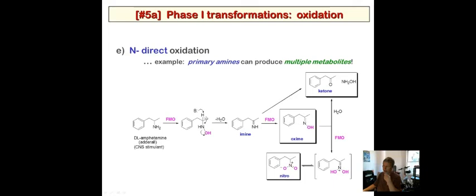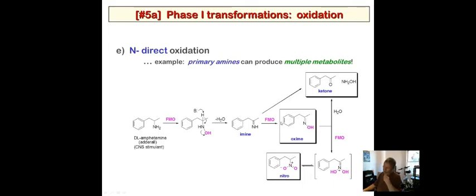And what can happen then is the base will take the proton and eliminate to make an imine. So you get this sort of imine intermediate. One thing that can happen is that it can be directly hydrolyzed to the ketone, phenyl-2-propanone, and hydroxylamine. Actually, in this case it would be ammonia. So if water hydrolyzes this, you get a ketone and you get ammonia out.